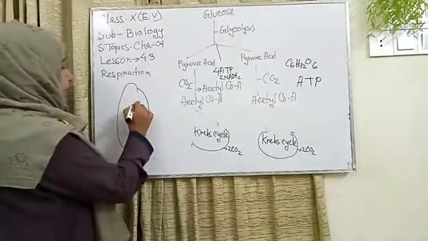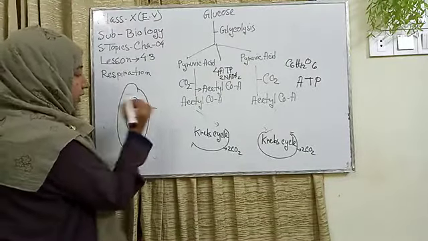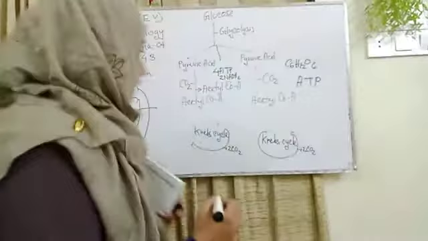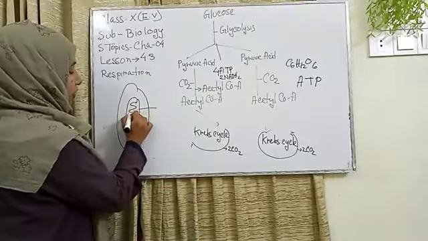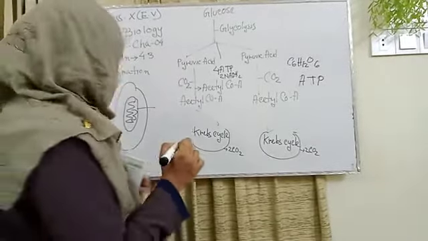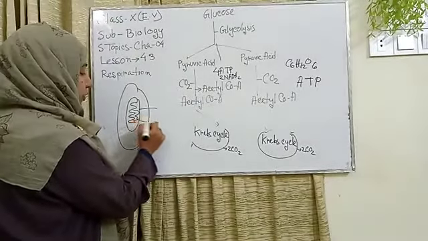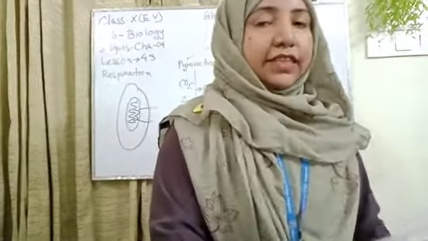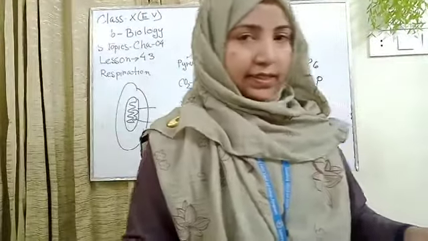Here I draw the mitochondria. The Krebs cycle happens in the inner part, and the other system, the electron transport chain, also happens in the mitochondria. First, I discuss glycolysis.